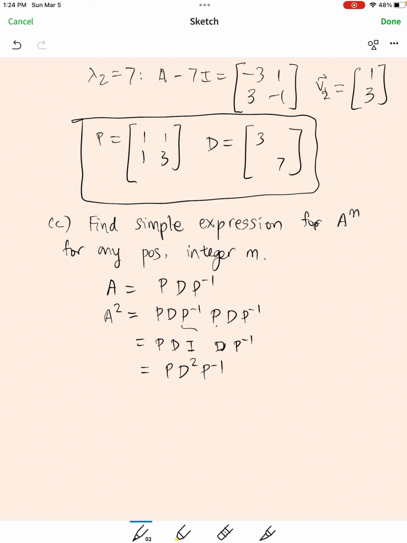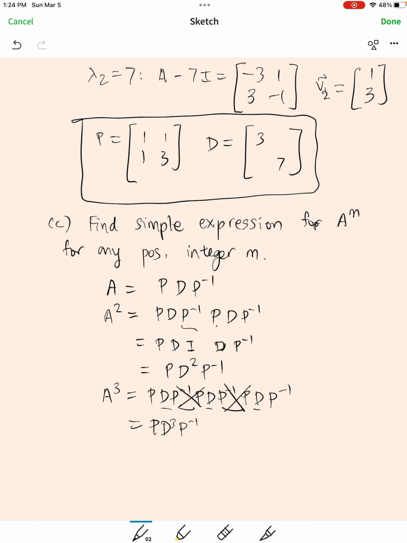Now think about what happens if you do A cubed, right? You have P D P inverse, P D P inverse, P D P inverse. And the P inverse P's, this one's going to cancel, and this one is also going to cancel. So you're going to get P times, and then I have 3 D's here, so it's going to be D cubed P inverse.